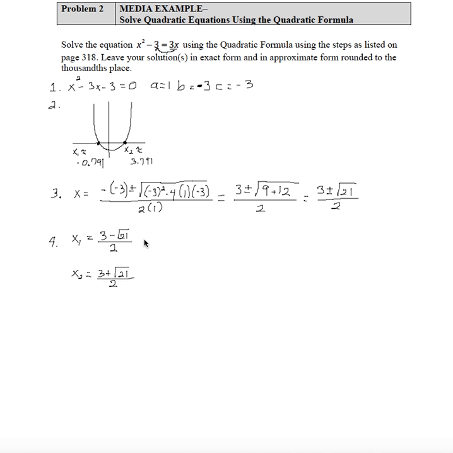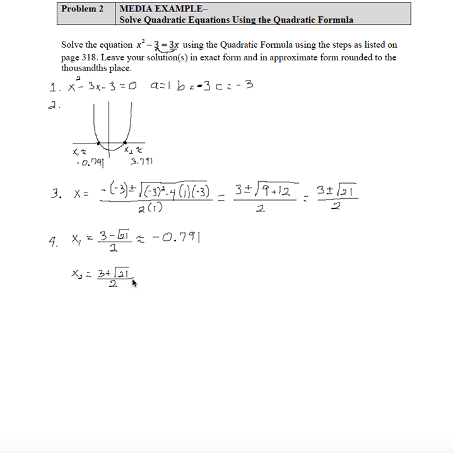So if I put this in my calculator, I need to be pretty careful how I do that. I can either put in this part first and then divide by 2, or I can put this numerator all in together with parentheses and then have the denominator as well. But either way, I should end up with -0.791.